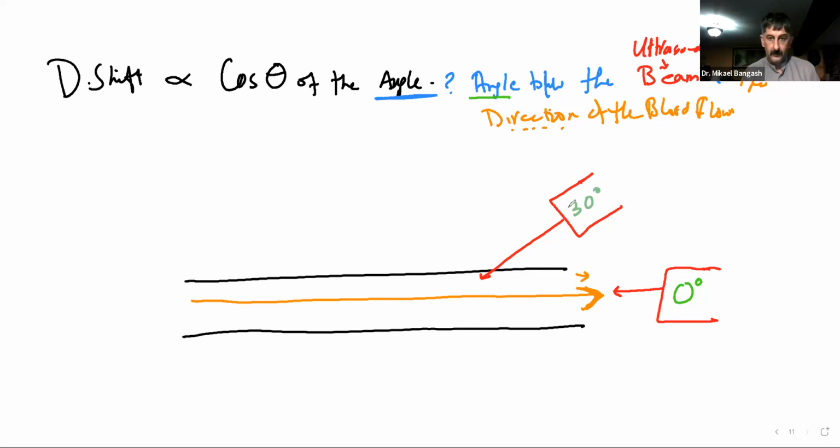Okay, let's just write that in. So we have a 30-degree angle. Is that clear?